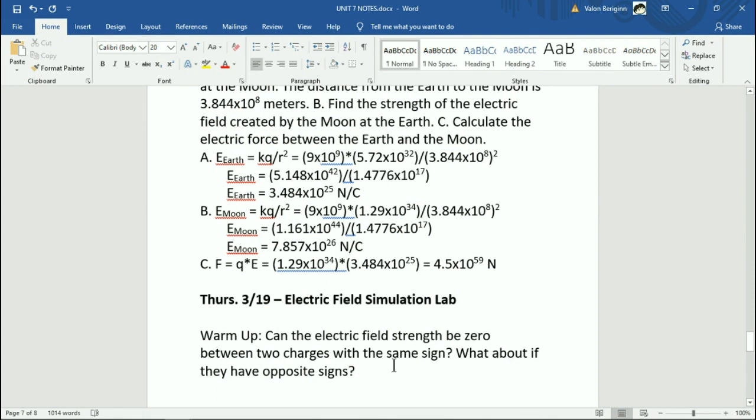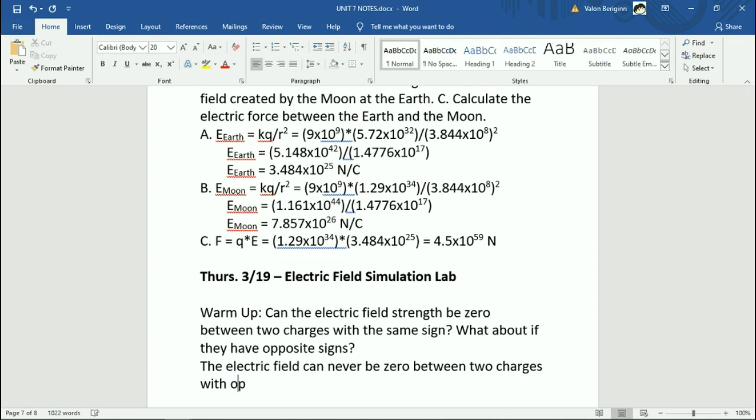So the answer is, I should clarify, the electric field can never be zero between two charges with opposite sign, but it will always be zero at a point between two charges with the same sign.